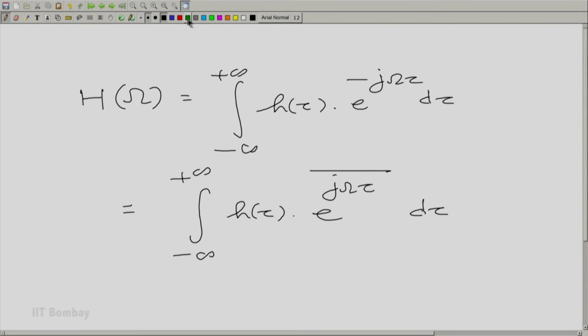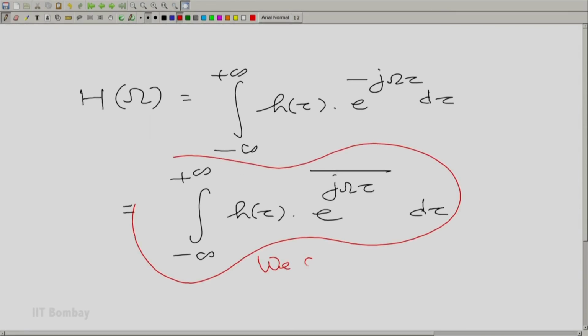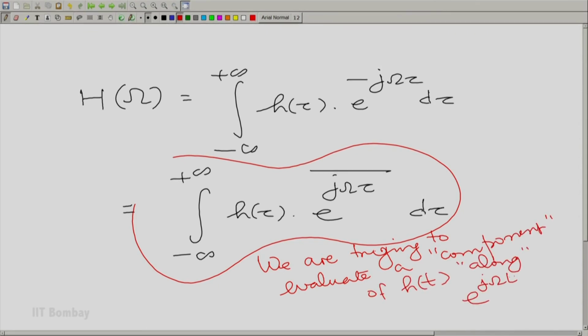Now, look at this expression from that perspective. Essentially, this is like trying to find a component. Do you see that? You are taking an inner product of the impulse response with this rotating complex number. The only point to be noted is that the impulse response is not periodic.